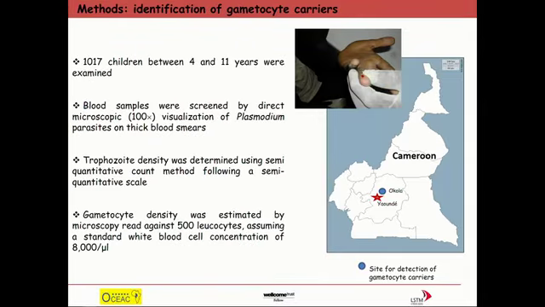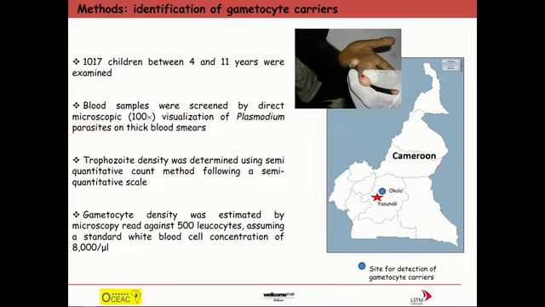For the infection experiment, we first identified gametocyte carriers among children in an area with high transmission, and we examined 1,017 children between 4 and 11 years.